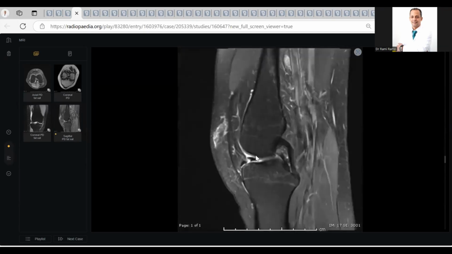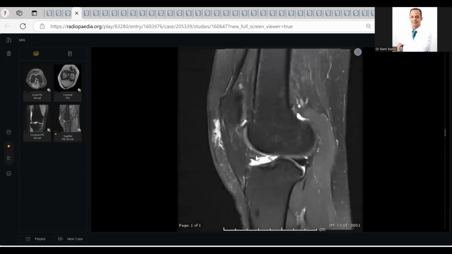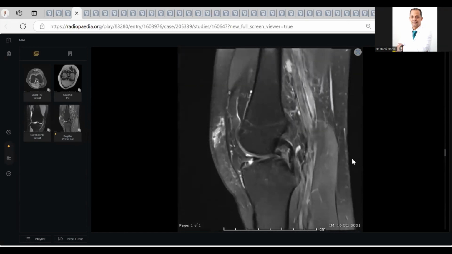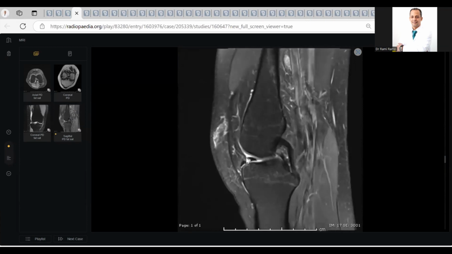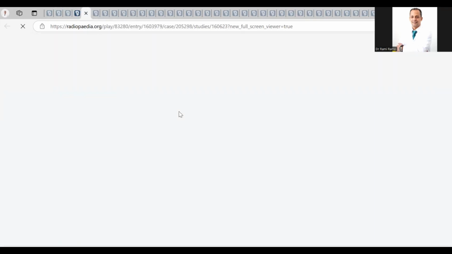Excellent. There is another sign here other than ACL. What is this sign? This sign also has a name. No, I couldn't remember. Sorry. No problem, but you did well in this case.